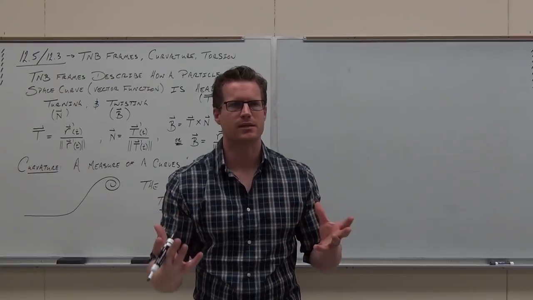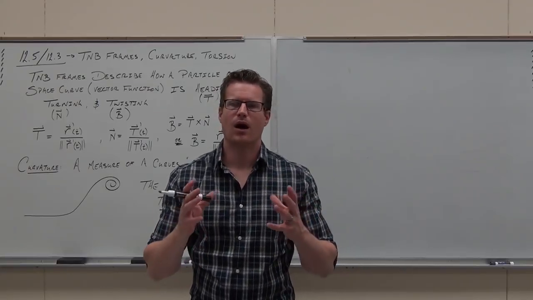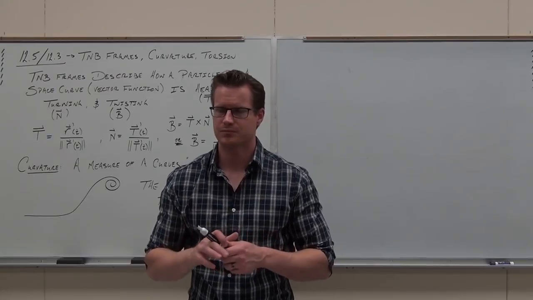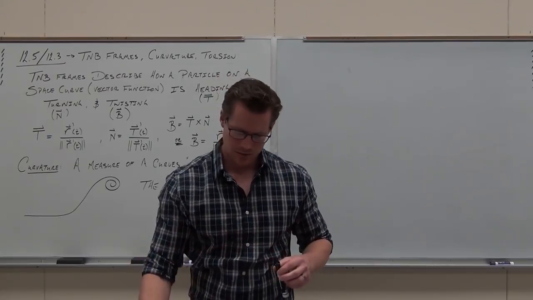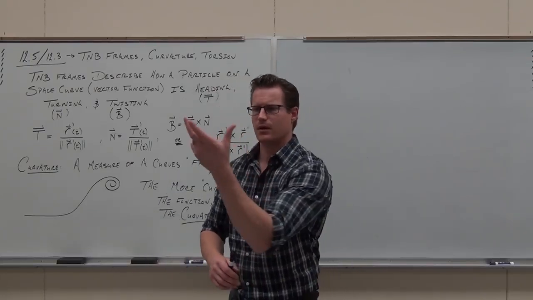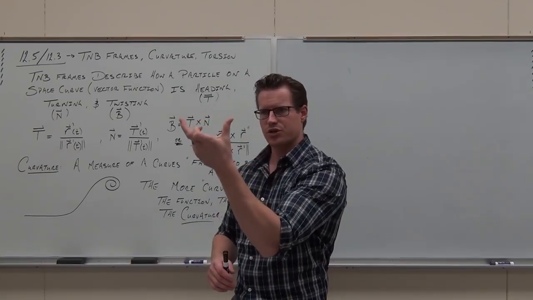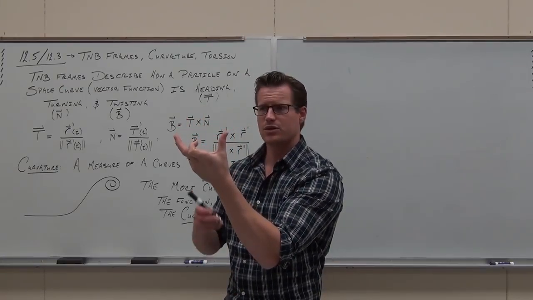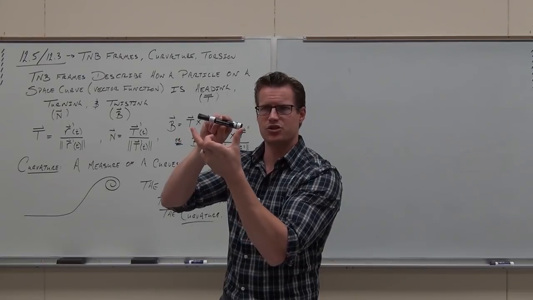Now, how do we do it? I want you to consider curvature mathematically this way. I want you to think about a certain portion of this curve. It's called arc length, and I want you to think how the tangent is changing.